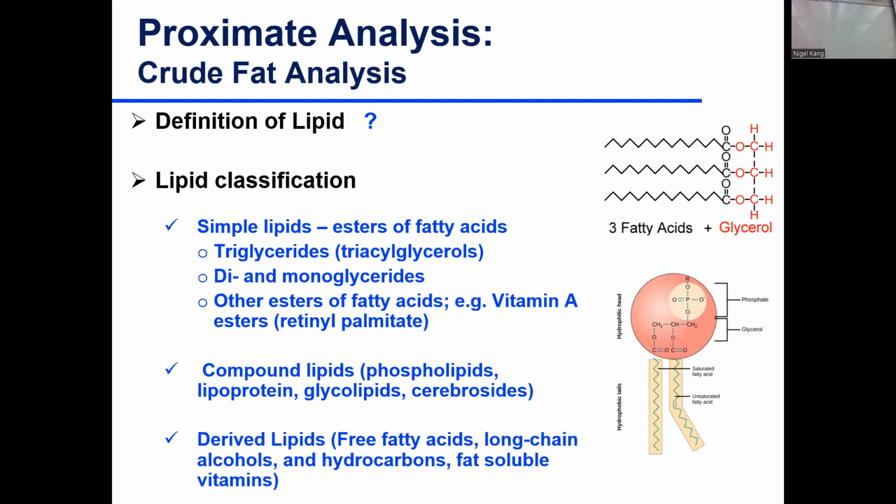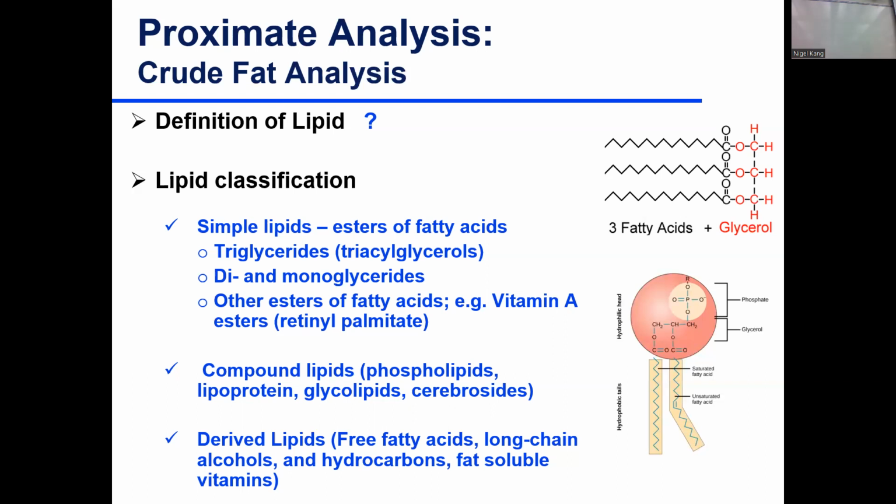You have three fatty acids that ester to glycerol. And then you can have diglyceride or monoglyceride and other esters like wax. With waxes, instead of glycerol, we can have other alcohols. So they are, again, very diverse in their type.